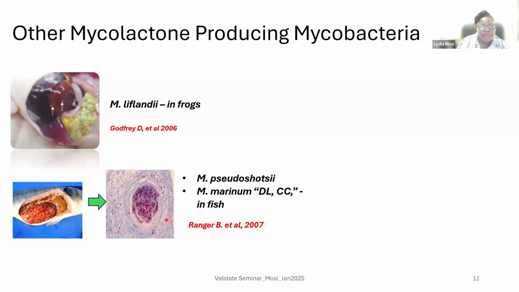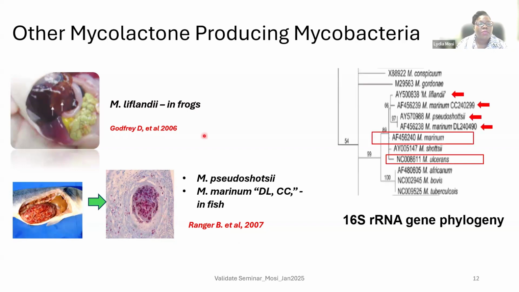The underlying factor between M. liflandii, M. pseudoshottsii, and M. marinum subspecies DL and CC is the fact that they all produce mycolactone. They all have the toxin. And when you take a look at their 16S rRNA phylogeny, you realize that they are very closely related to M. marinum and M. ulcerans, right here and here and here.